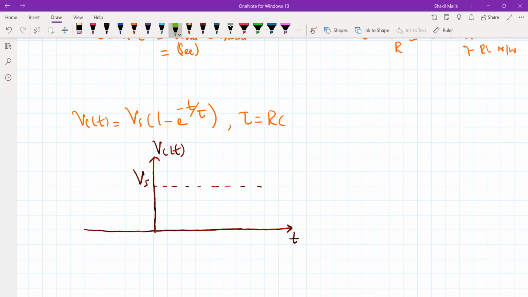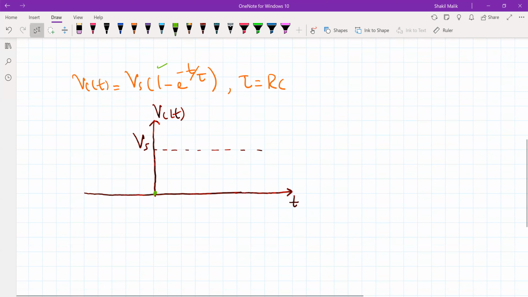Now, at t equal to 0, this expression is 0, so the capacitor voltage is 0. As t increases, let's suppose it reaches tau. What's the value of this expression when t is equal to tau?